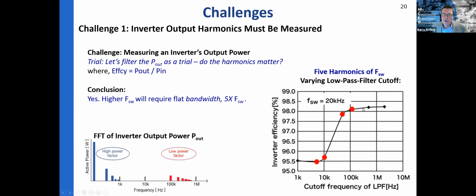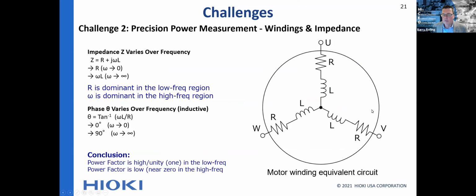So it went up 3 percentage points of output power or output efficiency. So that told us that we needed to measure to about the 5th harmonic of the carrier. As we continued to open the filter, that power leveled off. So that was just a trial, and it supported what we believed from what we saw on the FFTs.